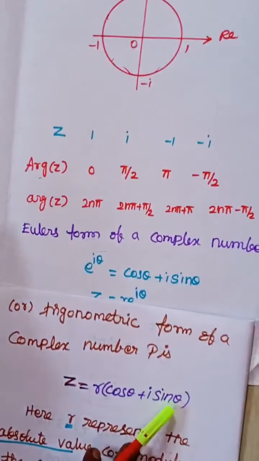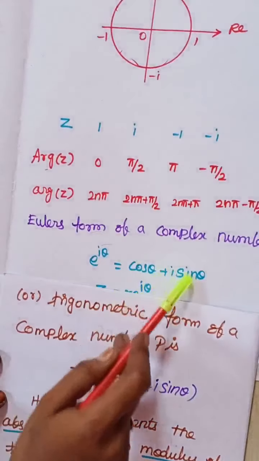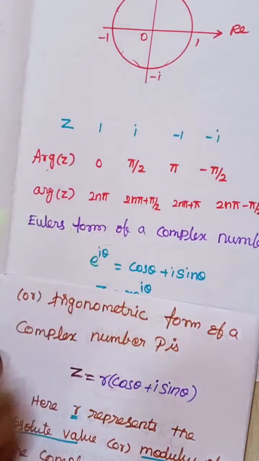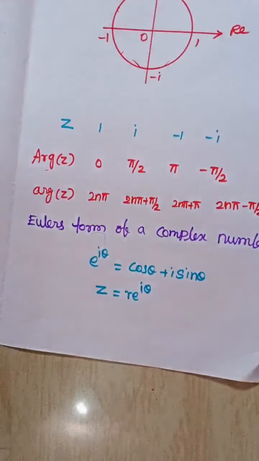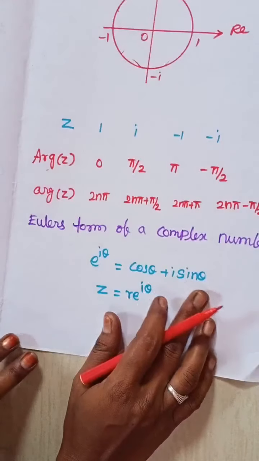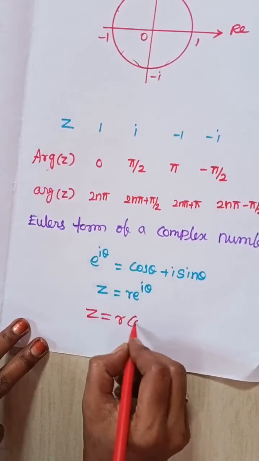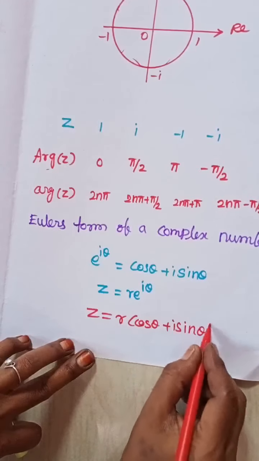Polar form of a complex number. Here cos theta plus i sin theta exists, except for r. That is called Euler's form. It is denoted by e power i theta: e power i theta equal to cos theta plus i sin theta. Polar form is z equal to r into (cos theta plus i sin theta).